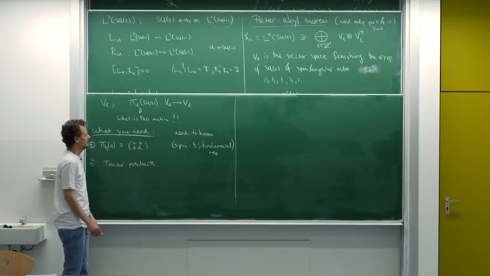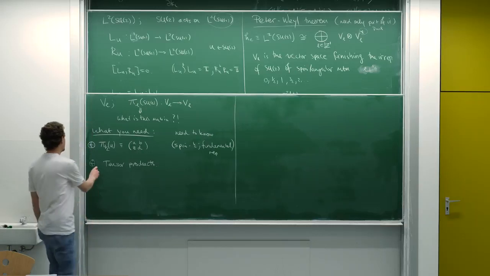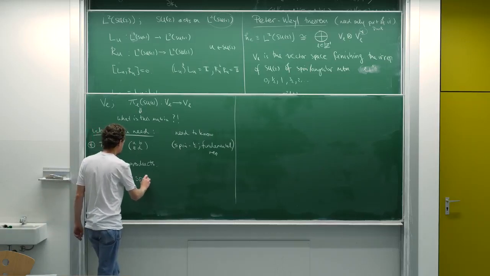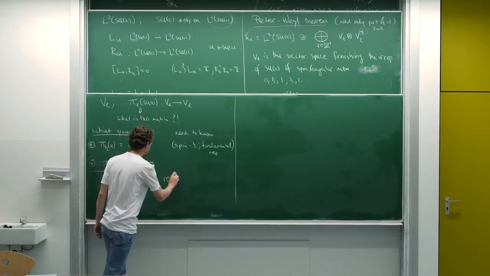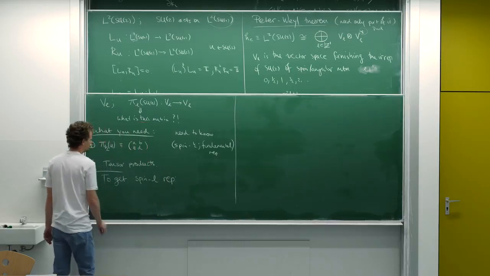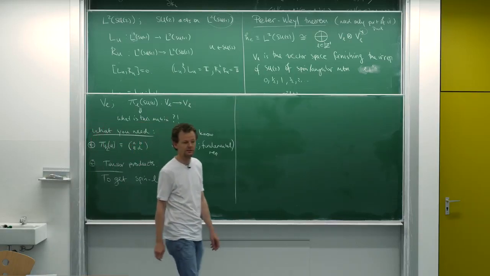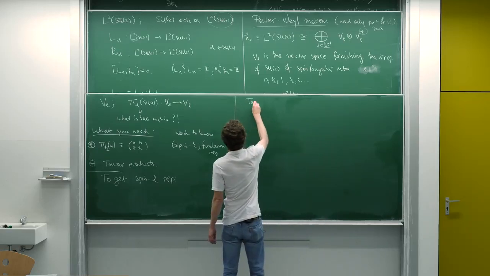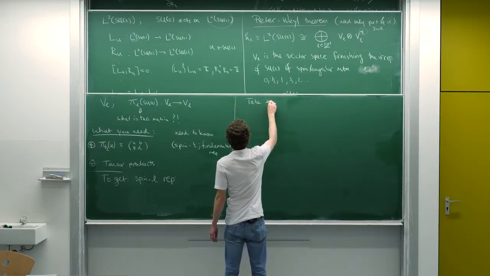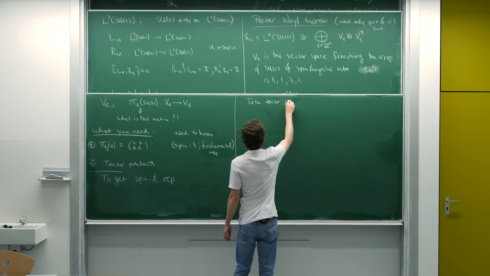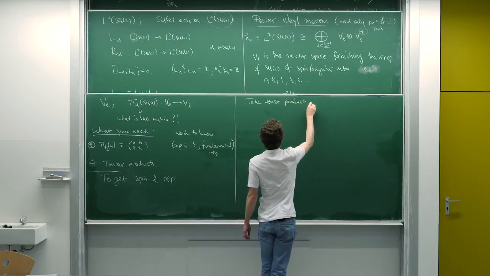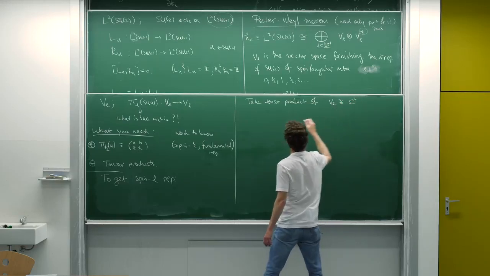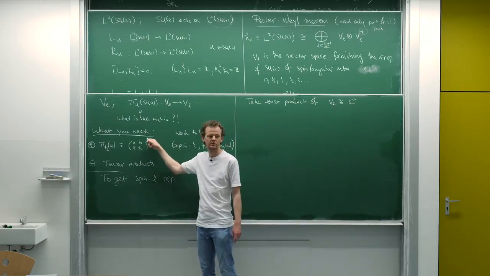And the way we're going to do it is as follows. It's an algorithm. To get the spin L representation, we're going to take the tensor product of C2, two-dimensional vector space.